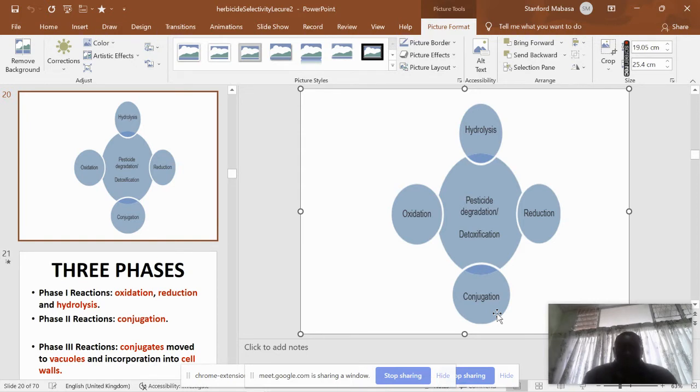And it is these reactions in total which can explain why some plants can die after herbicide application or survive. So we'll go through.